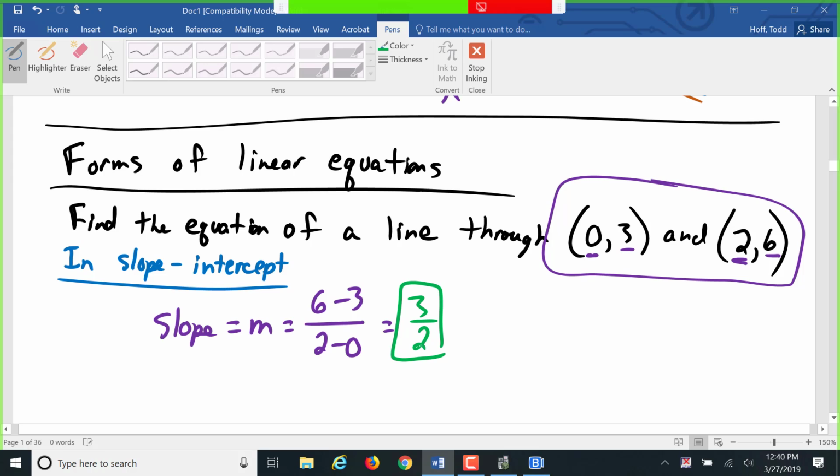The other piece of information that we're given here that's a little less obvious, a little more subtle, but you realize 0, 3, if I were graphing this, is a point on that y-axis. 0, 3 is our y-intercept.